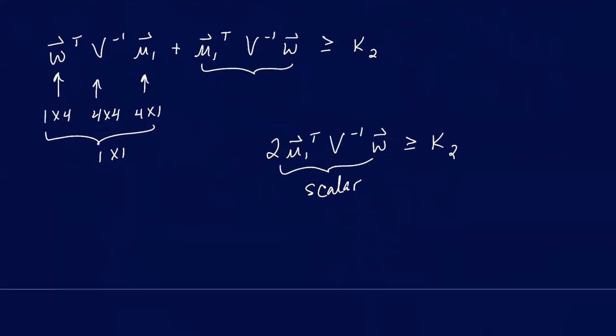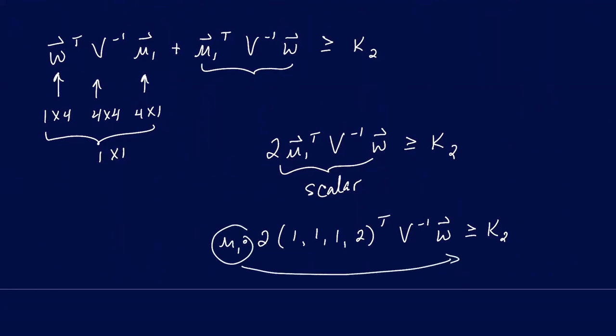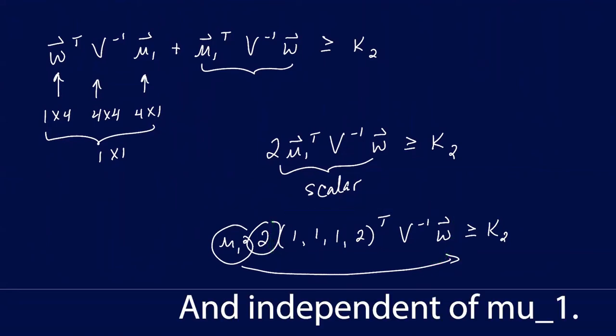But check this out. This vector is, there's a mu, which is a scalar, and then there is a mu1 and then there's a 1, 1, 1, 2 transpose. And I can move this to the other side, and then I'm still left with this, which is a scalar.